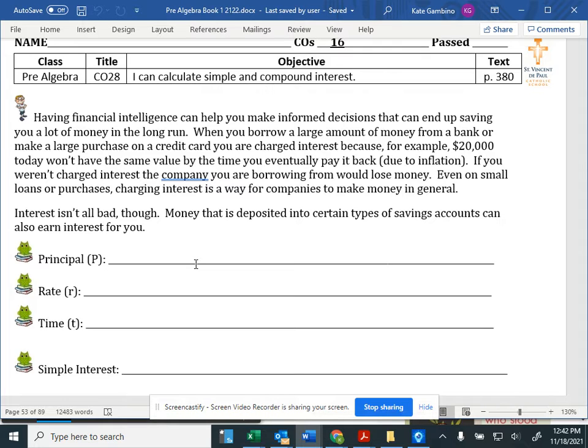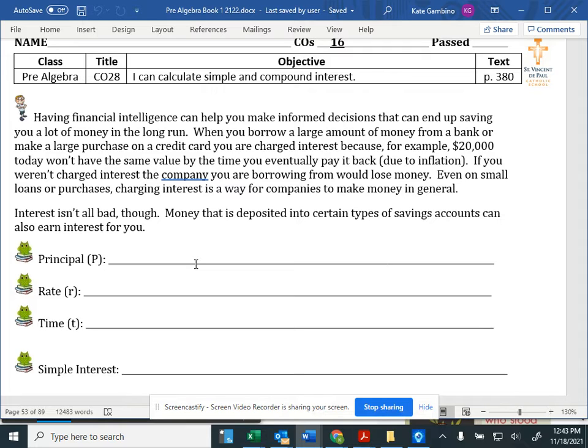So having financial intelligence can help you make informed decisions that can end up saving you a lot of money in the long run. When you borrow a large amount of money from a bank or make a large purchase on a credit card, you are charged interest because, for example, $20,000 today won't have the same value by the time you eventually pay it back due to inflation.